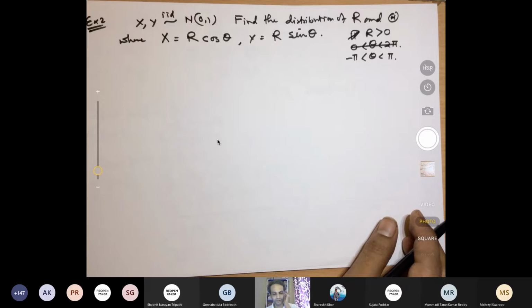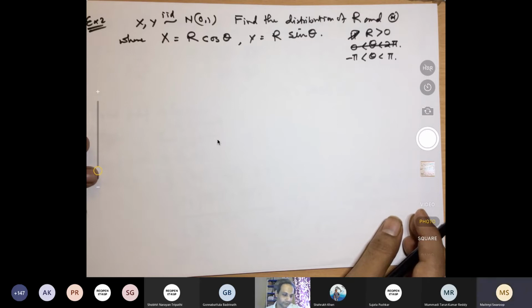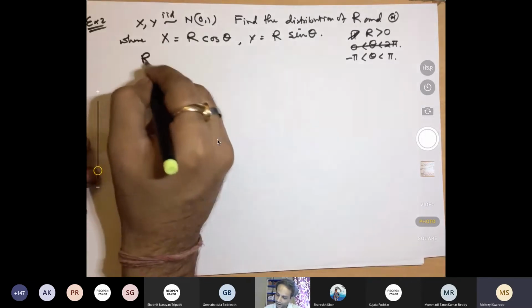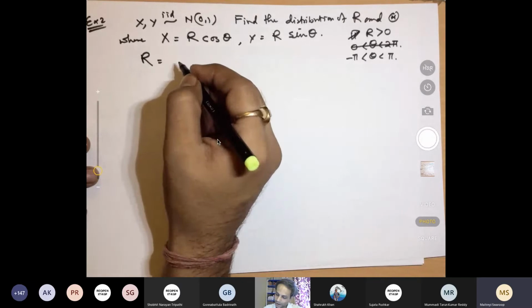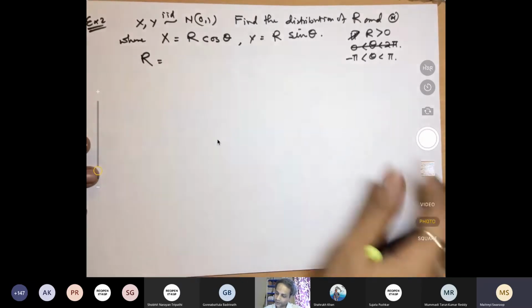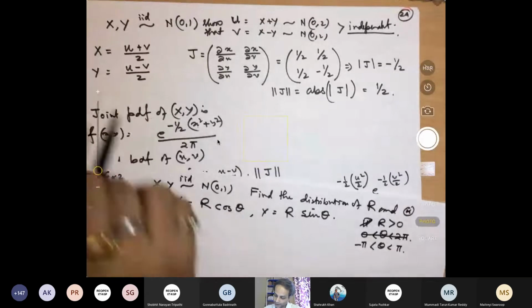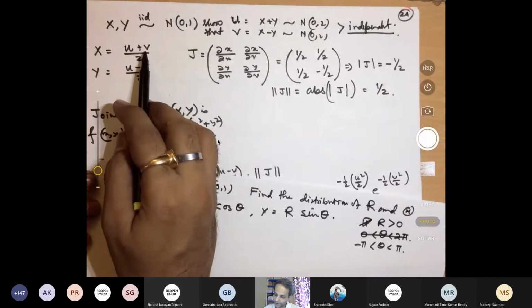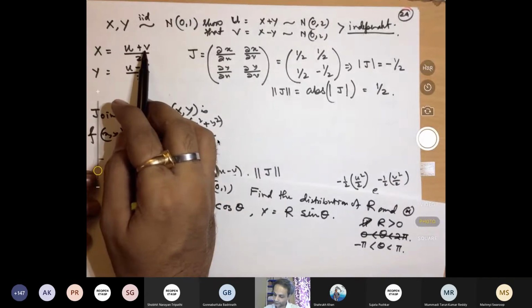Now tell me, how will you do this one? So we begin by writing r and theta in terms of x and y. So r would be the square root of x square plus y square. But what you eventually need is the old variable in terms of the new variable, right?